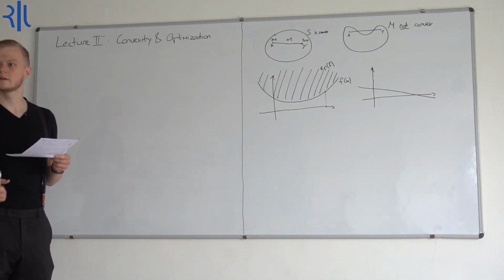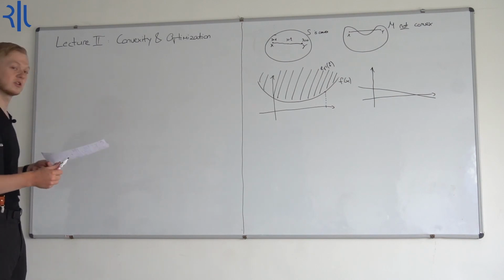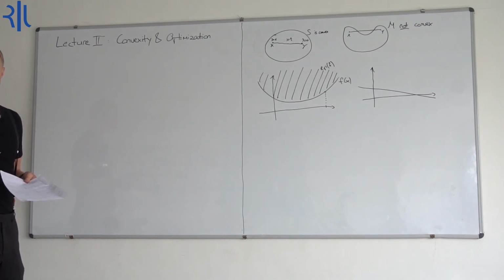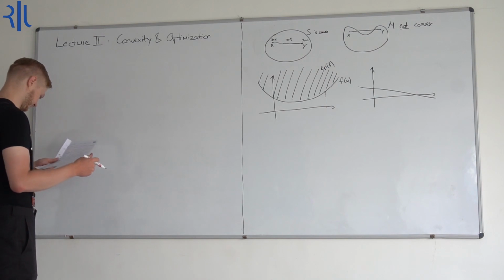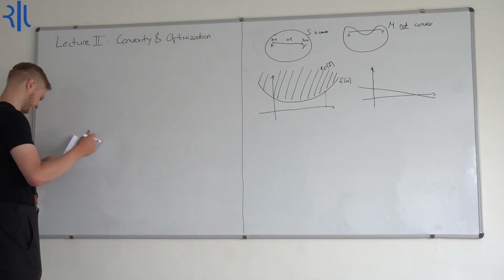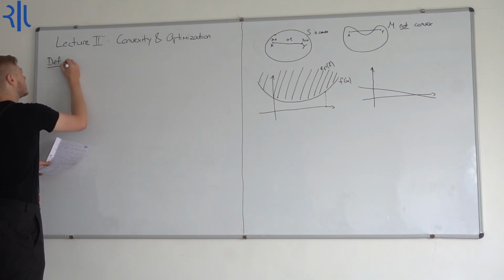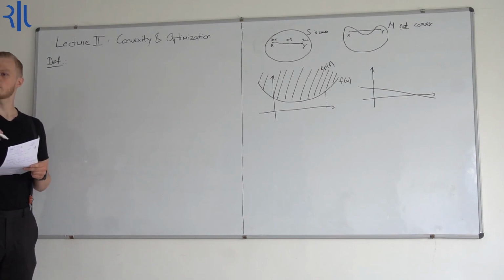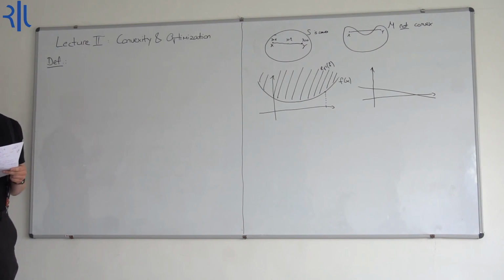This property is quite important if you want to do minimization. So let's look at the definitions, at the fundamental concepts that we need for optimization. When we do the definitions, we will usually speak in terms of minimization.